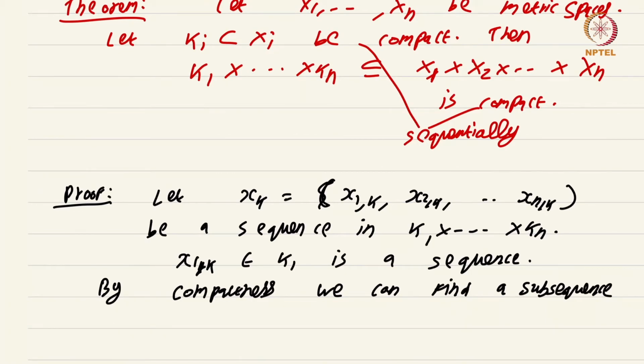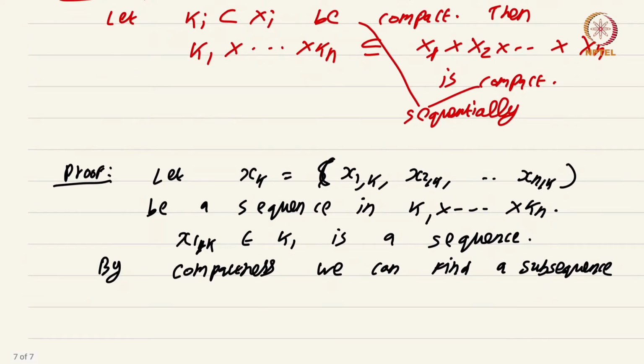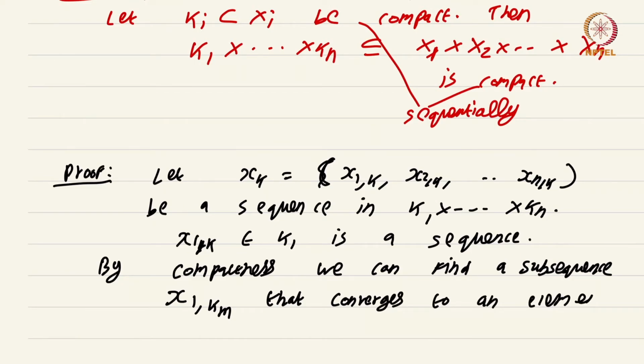Let's just, I need some notation for this. What I'm going to do is call it x1 mk. So we can find a subsequence x1 km, rather I should just reverse it, it's km. I can find a subsequence x1 km that converges to an element in K1.